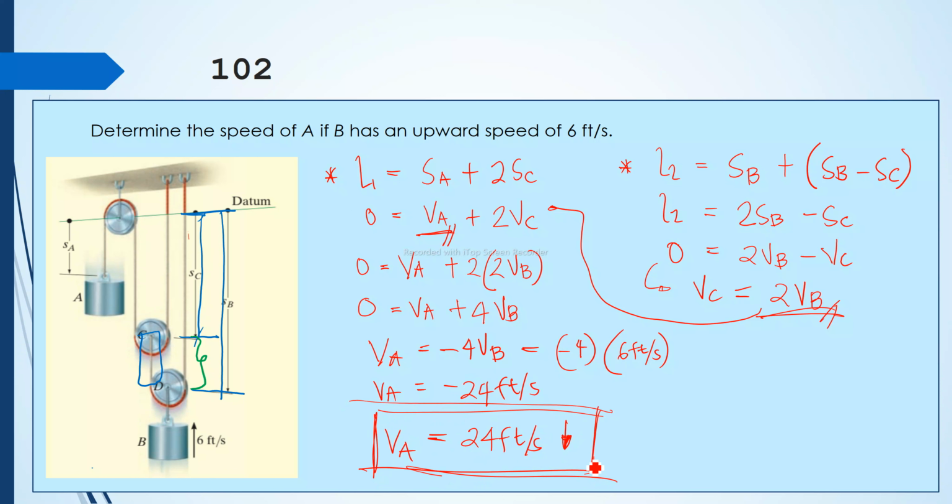So it means that it moves opposite to the direction of our velocity B. Since velocity B is moving upward, and we have a negative sign, therefore velocity A is moving downward. If it is opposite, if the velocity B is moving downward, and we have a negative velocity of B, then VA is understood to be moving upwards. So that is quite simple, no?